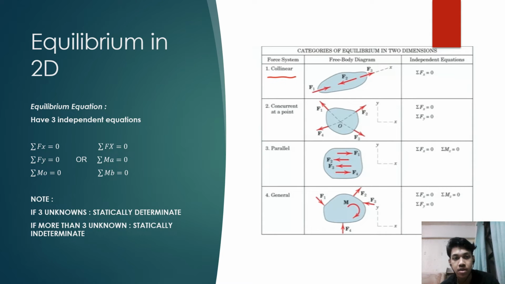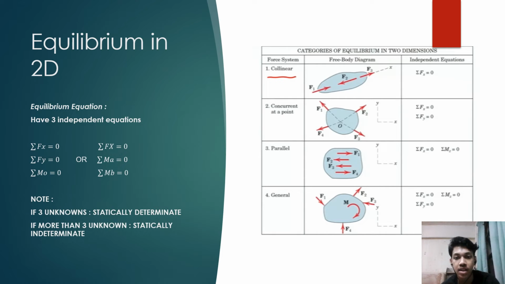For equilibrium in 2D, we have 4 types: collinear, concurrent, parallel, and general. For collinear, the line of action is straight, is linear, and the independent equation is the summation of Fx equal to 0.